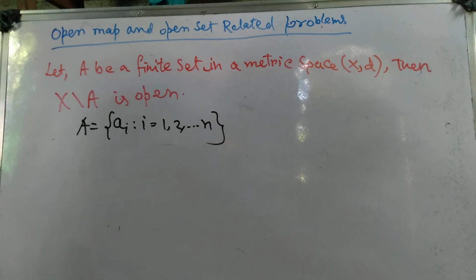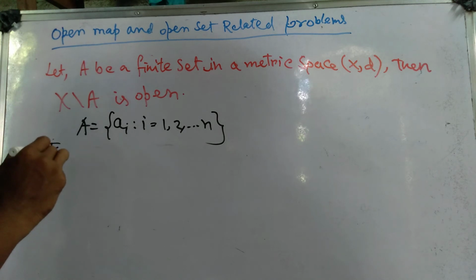We have to see that X difference A is open. A is a collection of finitely many elements.